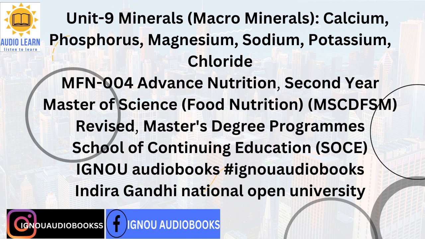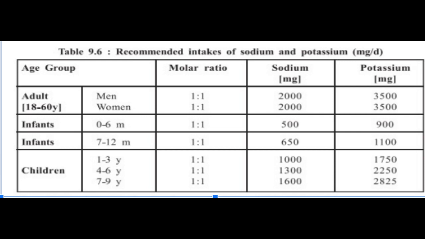Refer to Table 9.7. Food sources and requirement of potassium. Natural diets usually provide around 50 to 150 mmol of potassium per day, 5 to 10 g of KCl. The major sources of potassium are plant foods such as cereals, pulses, fruits, and vegetables.